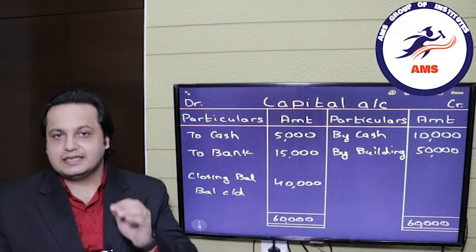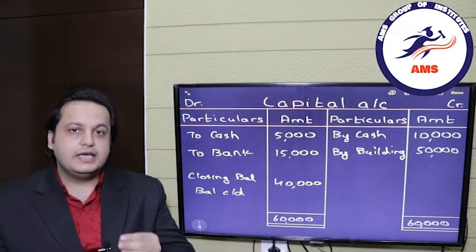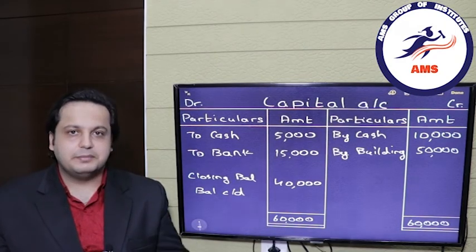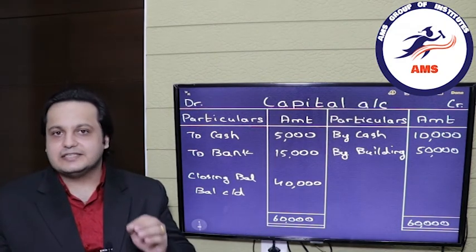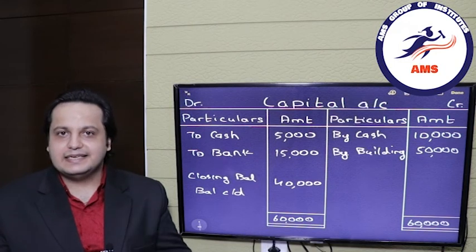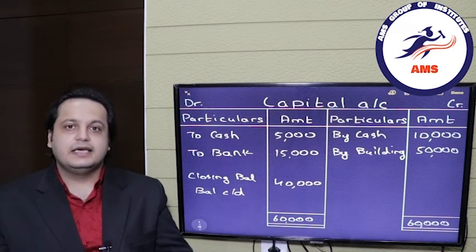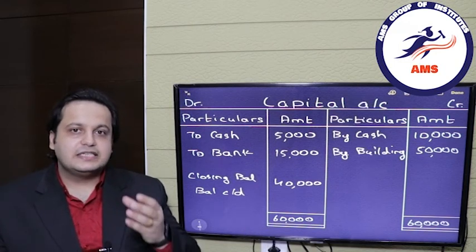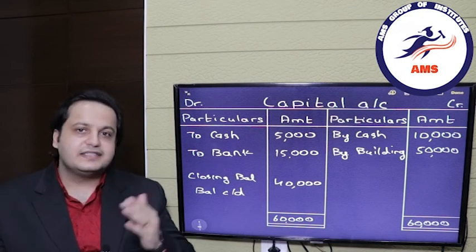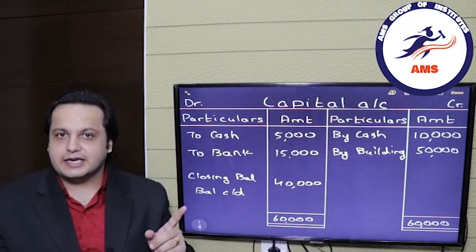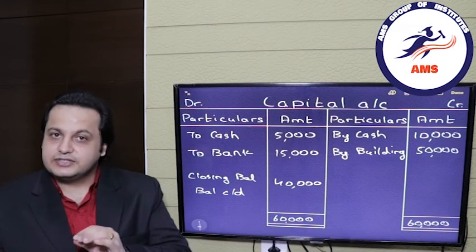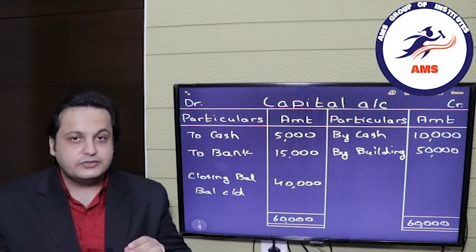Now let's take a halt over here. We are writing the closing balance on the debit side, but this does not mean that it is a debit balance. It is a credit balance. Just to make sure that both the totals are same, we are writing it on the debit side. See, the credit side was 60,000 and the debit side is 20,000 rupees.